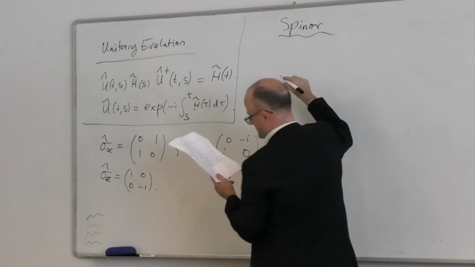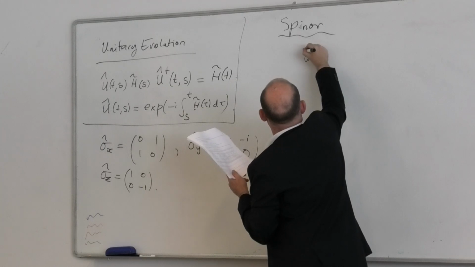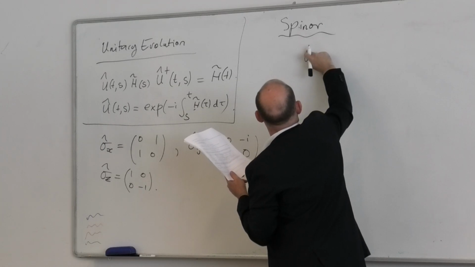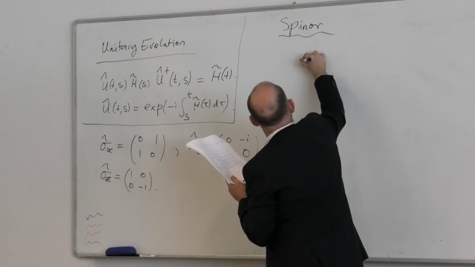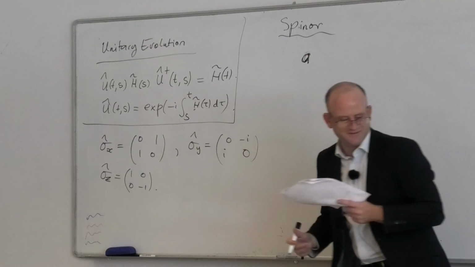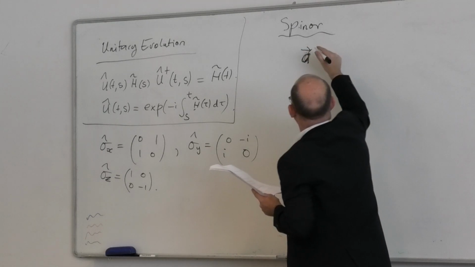Okay, so a spinor is going to be something where we call it, it's difficult to do bold in text, isn't it? We'll just use that arrow on the top, right?